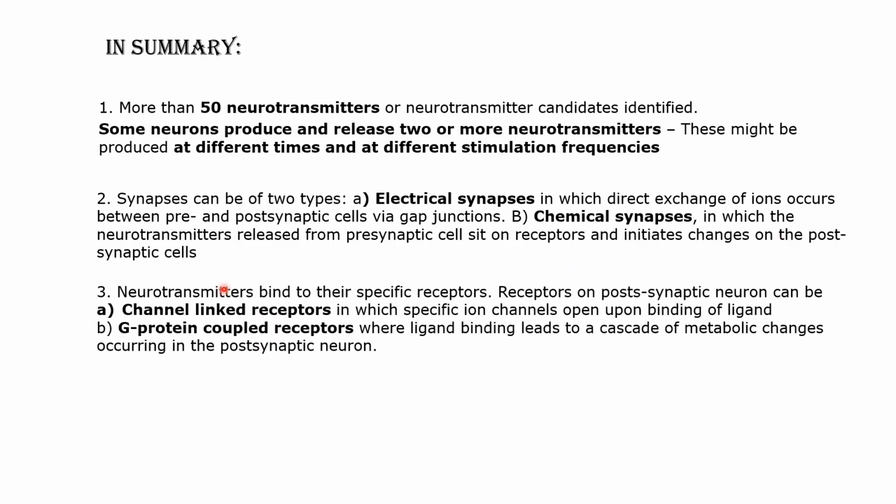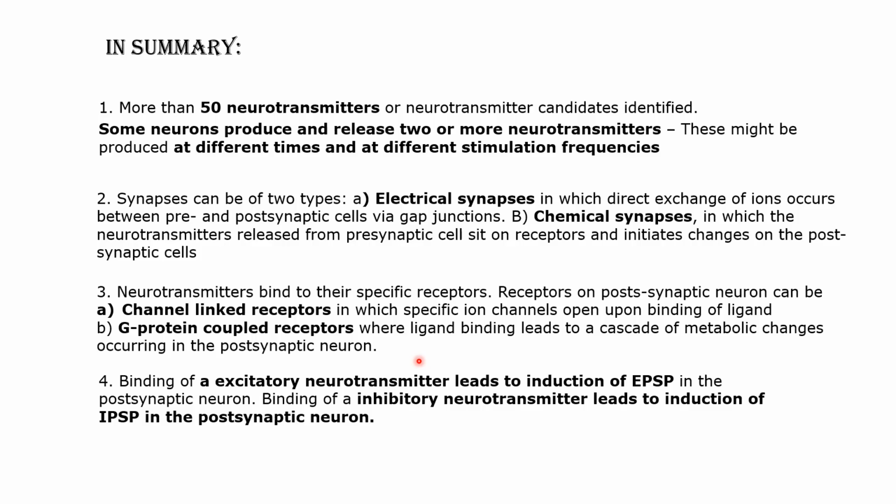The receptors on the postsynaptic cell onto which the neurotransmitter binds can be either channel-linked receptors, which lead to the opening of specific ion channels, or G protein-coupled receptors, which lead to the activation of a cascade of metabolic changes in the postsynaptic neuron.